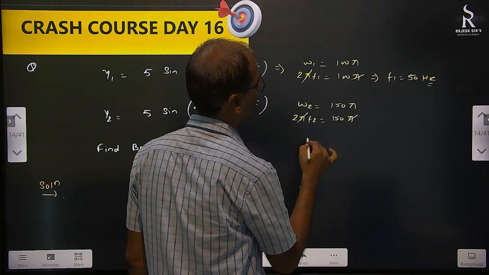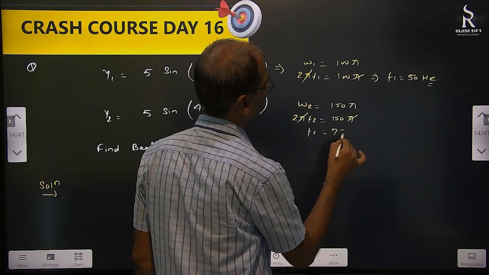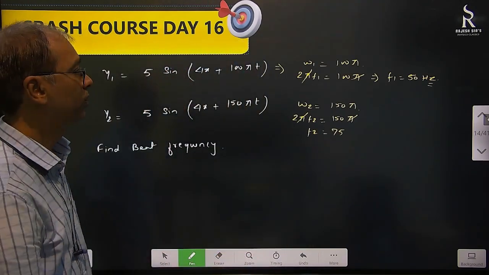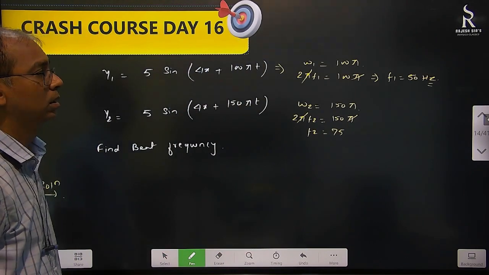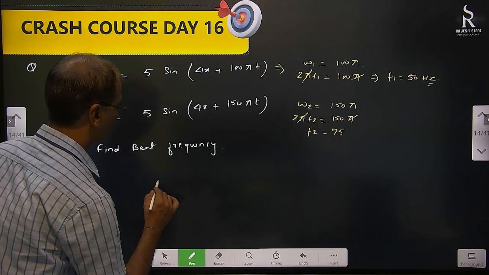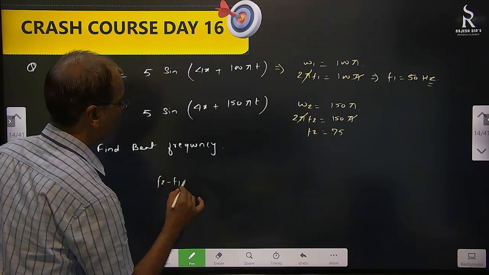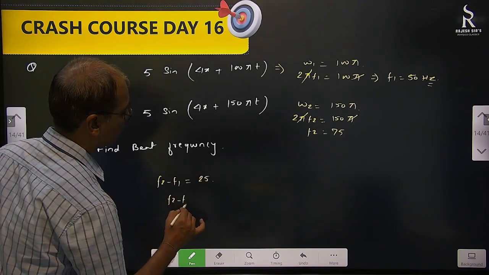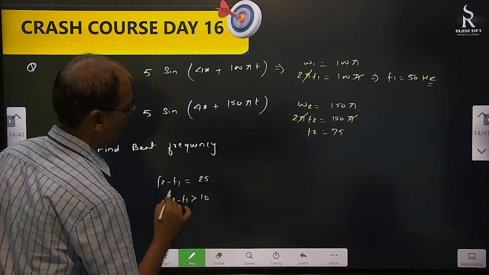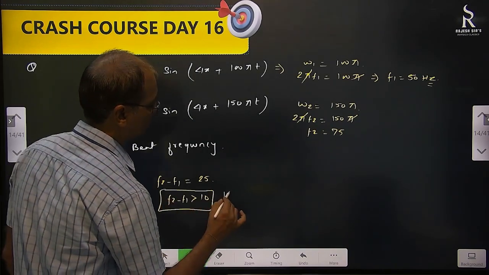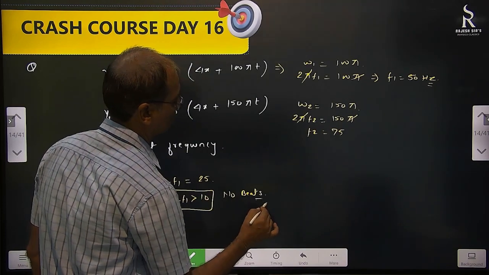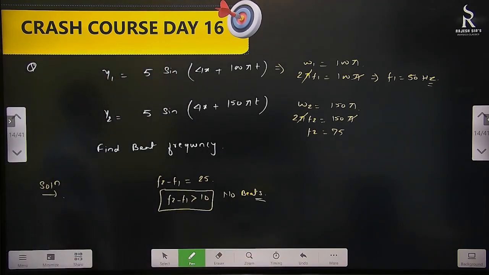Pi gets cancelled, f2 is 75. Now f2 minus f1 is actually 25. So f2 minus f1 is more than 10. So no beats. No beats are heard.